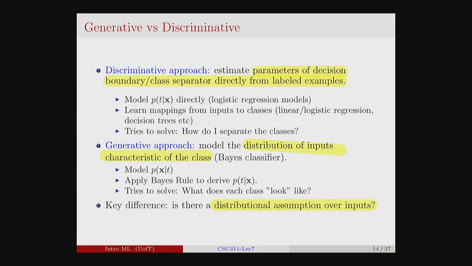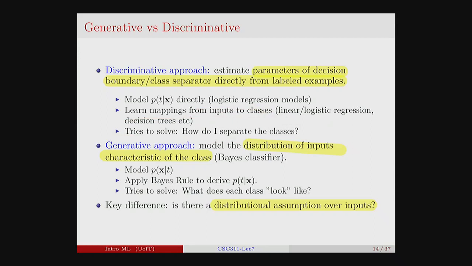So these functional mappings could be decision trees, so these axis-aligned splits. These functional mappings could be linear functions in the form of logistic regression, or they could be nonlinear functions in the form of neural networks. But the basic problem discriminative models approach is how do you separate the classes given some input data?